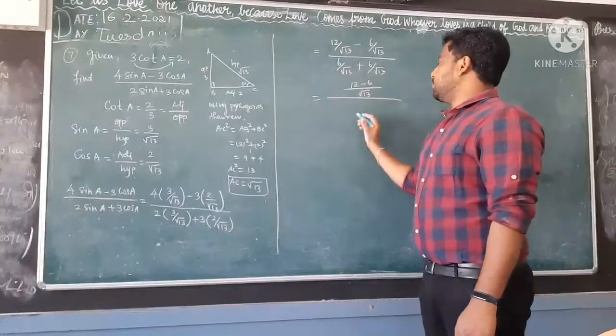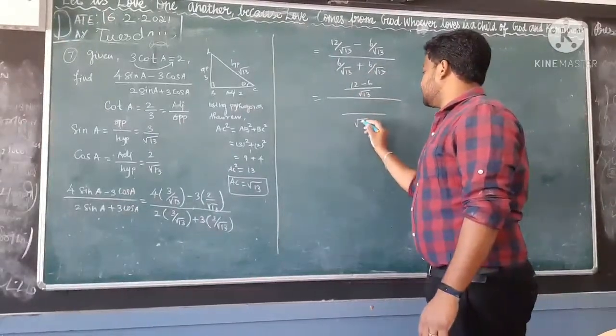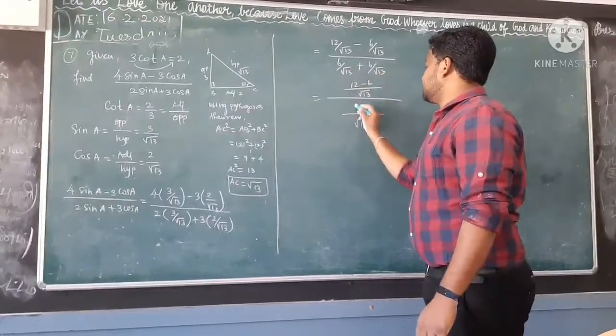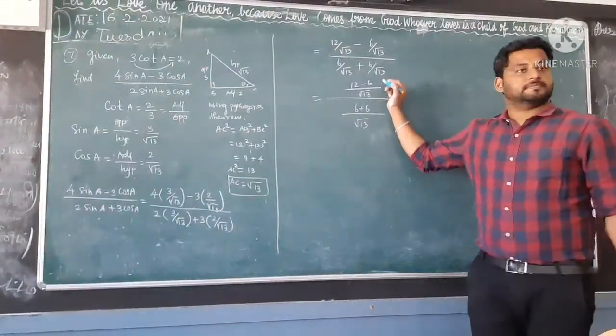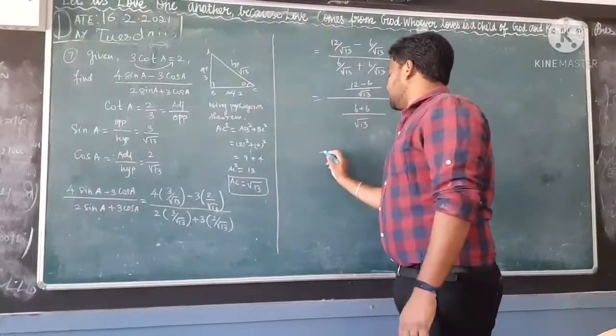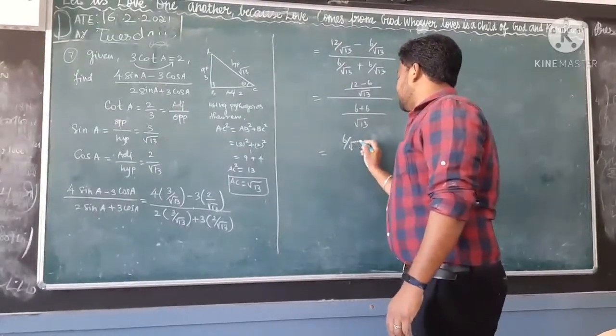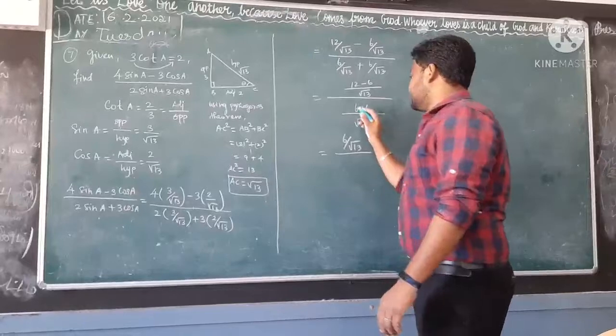For the denominator also, both have the same denominator root 13, so 6 plus 6. Clear? So 12 minus 6 is 6 divided by root 13, divided by 6 plus 6.